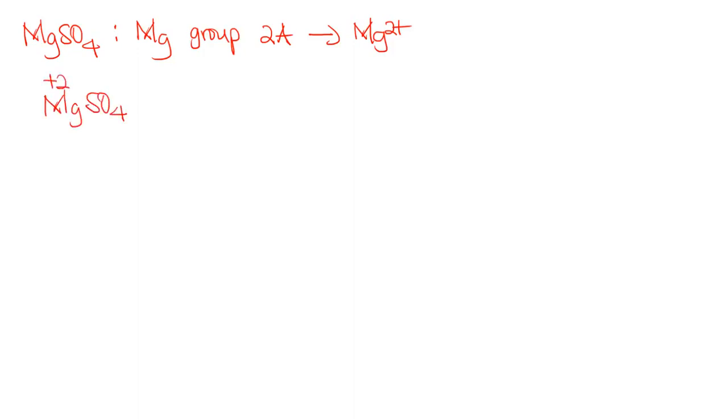This one is 2+. Therefore, this whole thing is -2. You need to make sure that the charges balance. They need to have the same charge. So the ions present, we have Mg2+ and SO4 2-.